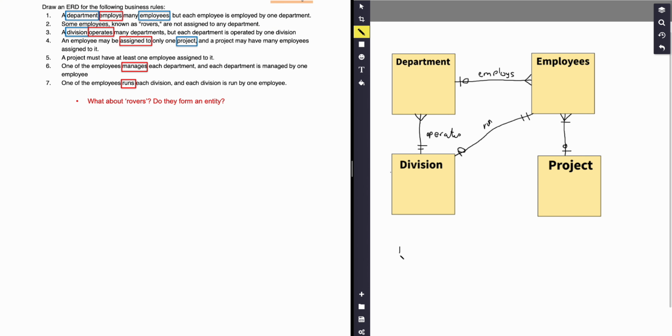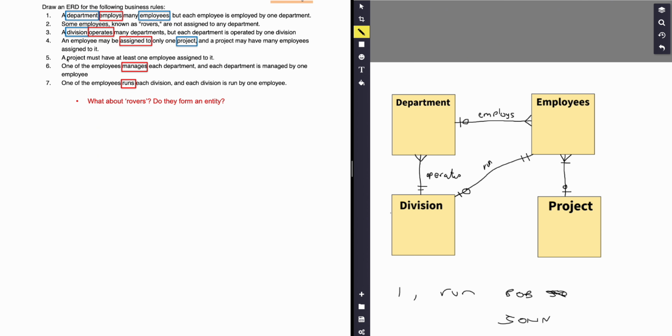So that means, for example, Division 1 is run by Bob, but it can't also be run by John. It can only be run by Bob. That's why we have this. But there is also an instance where John is not going to run a division because John's just a regular employee. So that's sort of why it's like that. Okay.